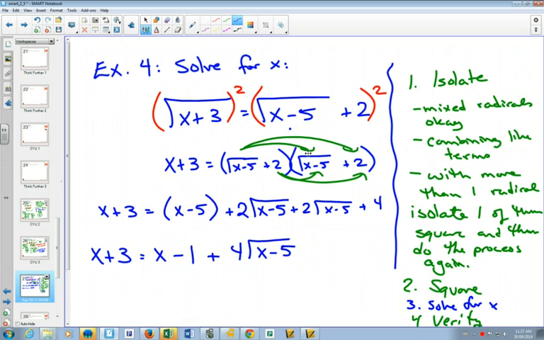So now we can isolate again. So I'm going to move the x over on both sides. I'm going to move the 1 over on both sides. And I'm going to get just 4 equal to 4 root x minus 5.